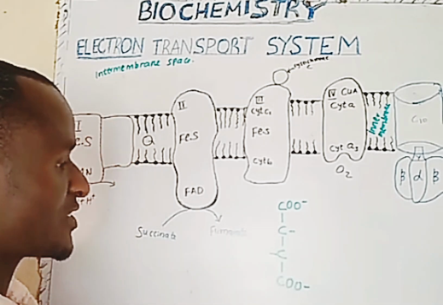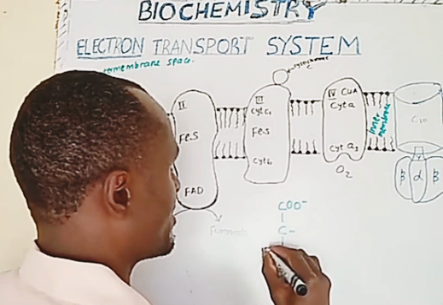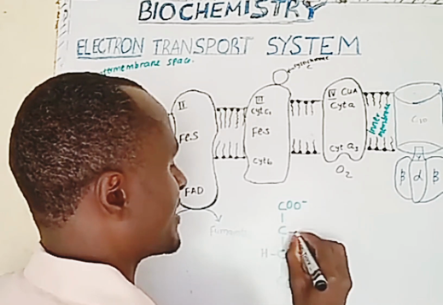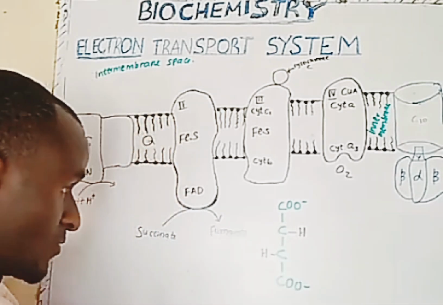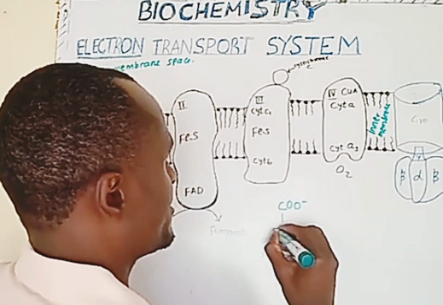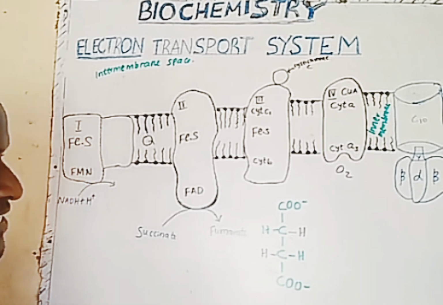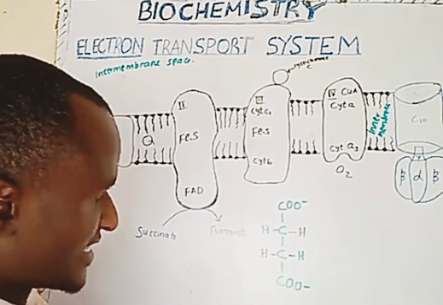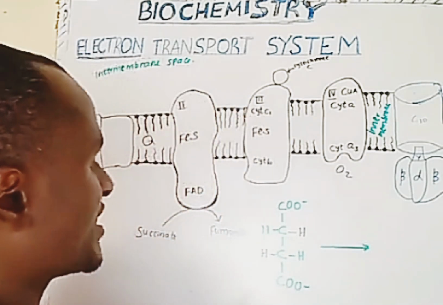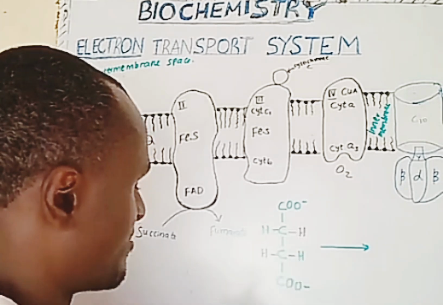I want to illustrate using a different color so that you can easily understand what I'm going to talk about. These ones I want to use black ink. So that's our succinate. Succinate dehydrogenase converts succinate into fumarate. Dehydrogenation occurs between the 2 middle carbons, this carbon and that carbon.